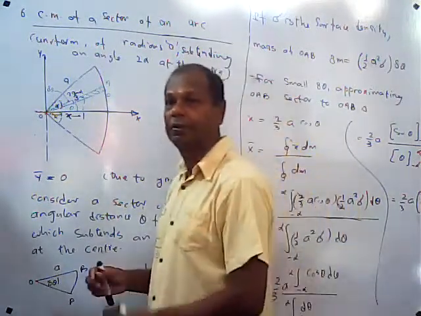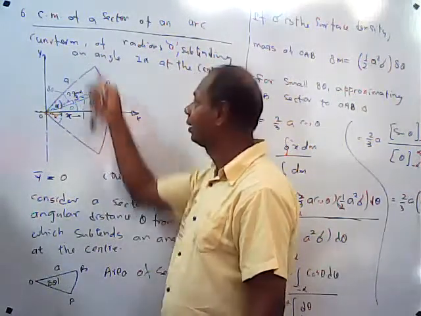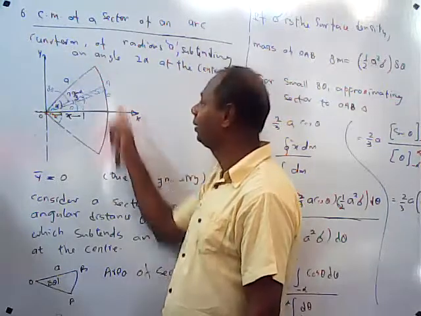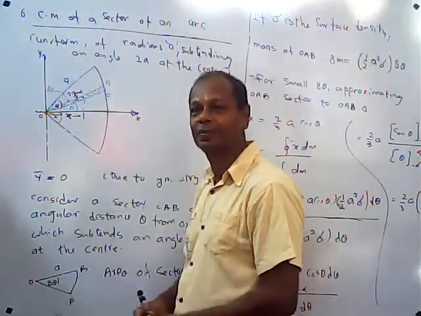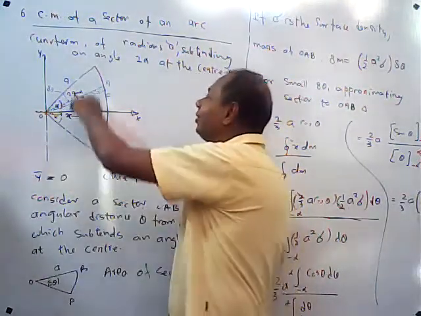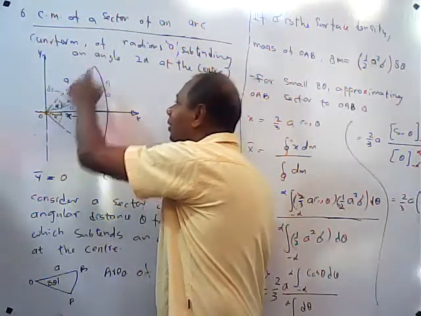This time it's like a wire, so these two borders are not there. Now what is the difference? When you consider an arc, these borders will not be there. Only the arc, right?